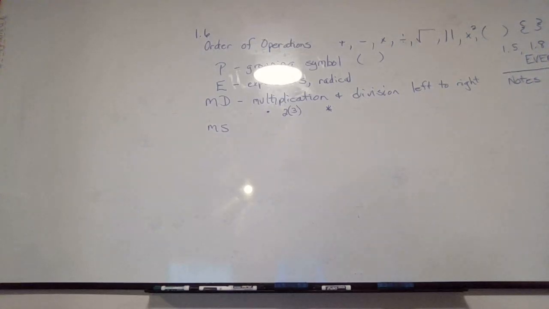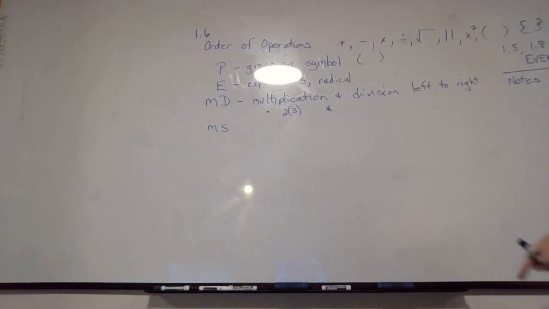We changed it because when we started typing on the computer, you couldn't distinguish, and you can't even distinguish it when writing on paper, whether that's an X that's a variable or if that means multiply. So that's why we had to change that.